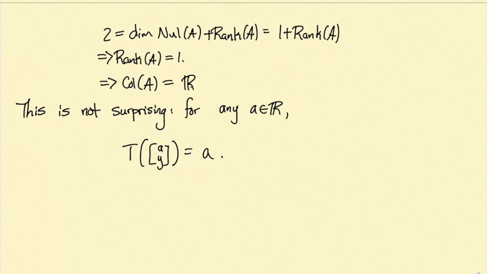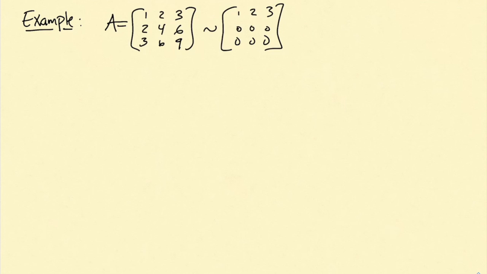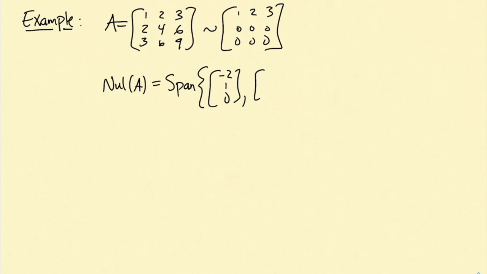Our second example was a matrix with 3 columns: (1, 2, 3), (2, 4, 6), and (3, 6, 9). The null space of this matrix we saw was the plane spanned by the two vectors (-2, 1, 0) and (-3, 0, 1).